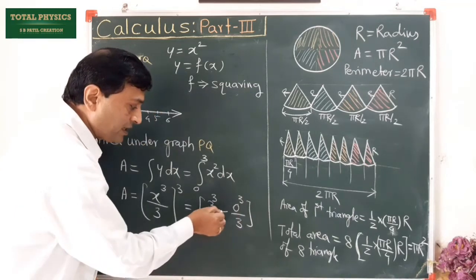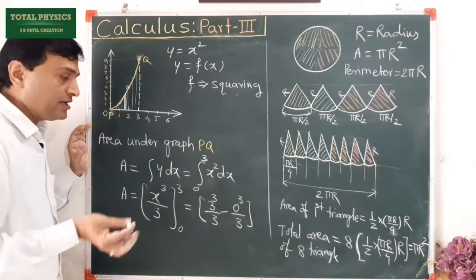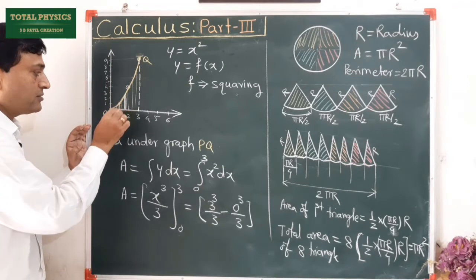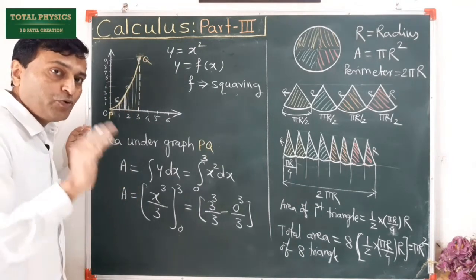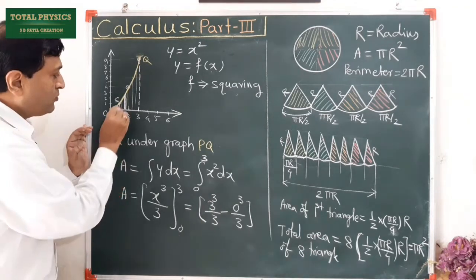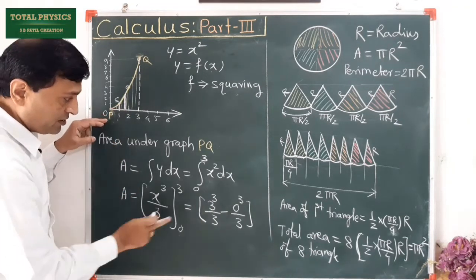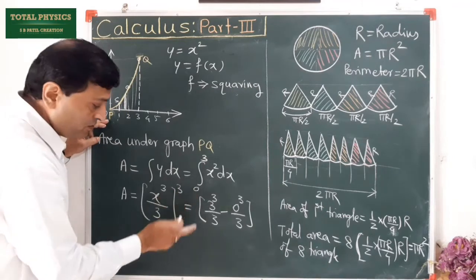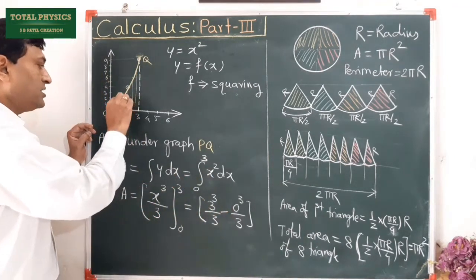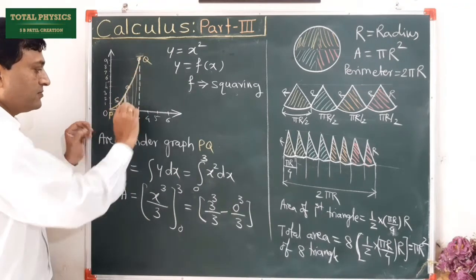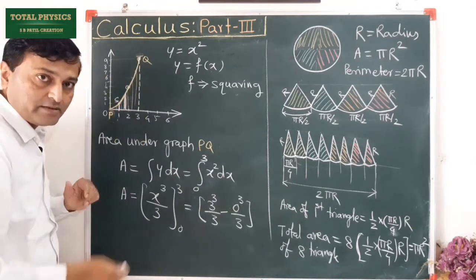And you have to subtract it. Whatever the range. Suppose this is an S point. Under graph SQ I want the area. Then you have to put 1 instead of 0 here. Put 1 here. Finish. You will get this much area, from 1 to 3.